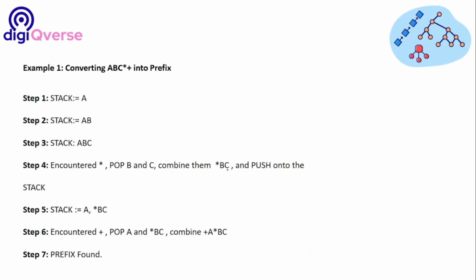One example: we are given the postfix notation A B C star plus, to convert into prefix notation. Let us consider a stack S, which is my empty stack here; no elements exist inside it. I place A onto the stack because it's an operand, at the bottom of the stack.